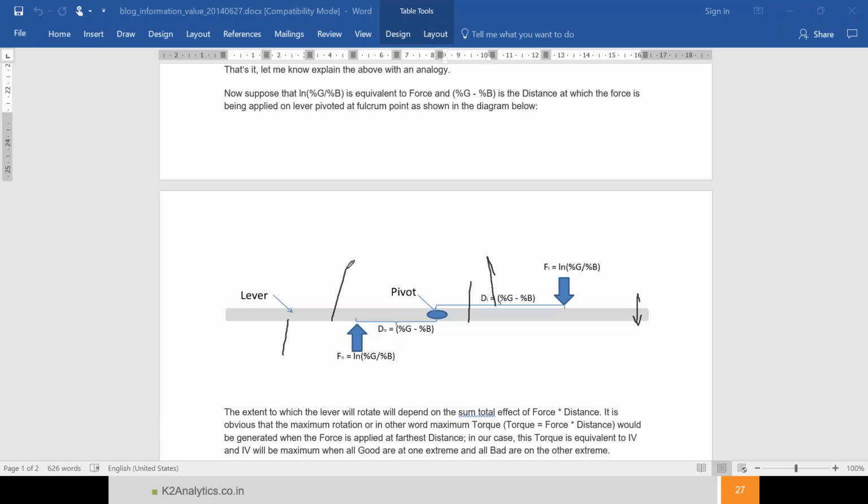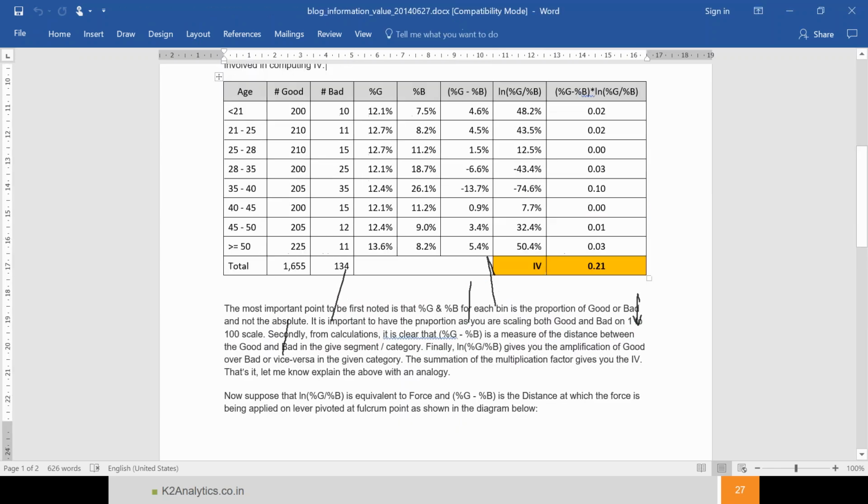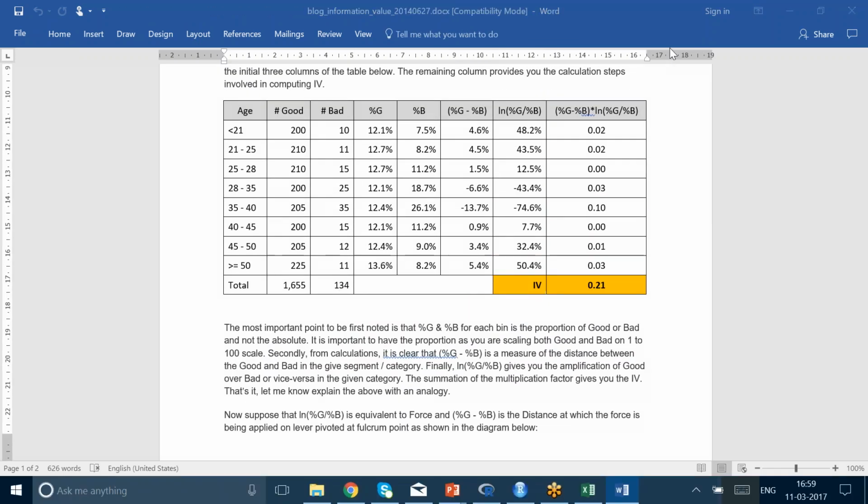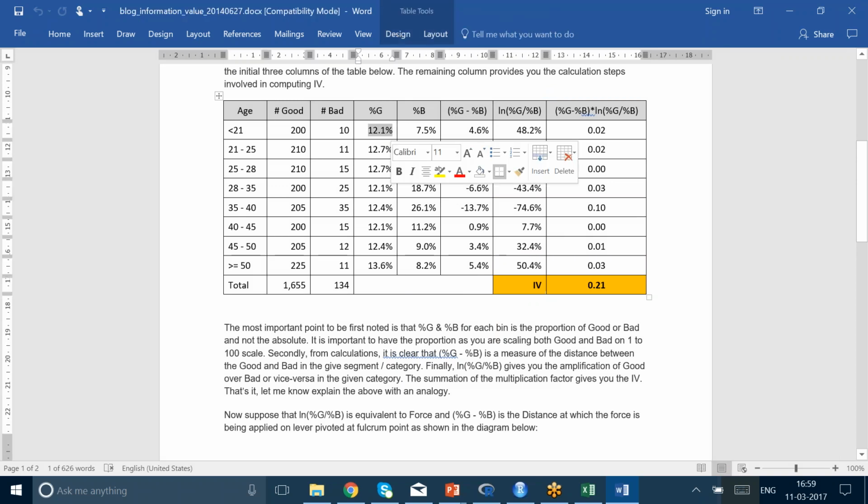Now, only that variable will be able to give you a good torque if, logically you think, assume there is a variable by which 100% of goods are sitting in the first decile, and all bads are sitting in another segment.